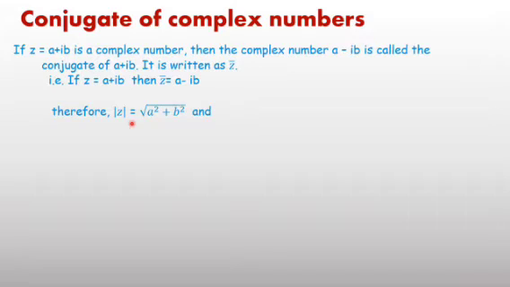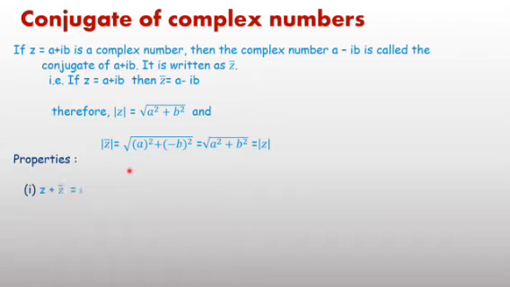And modulus: mod of Z equal to under root a square plus b square, and mod of Z bar is also under root a square plus minus b square, the result remains the same, equal to mod of Z. It implies mod of Z is the same as mod of Z bar.